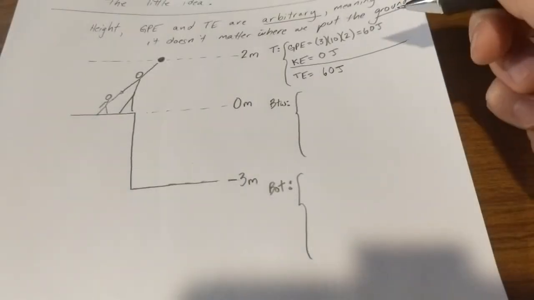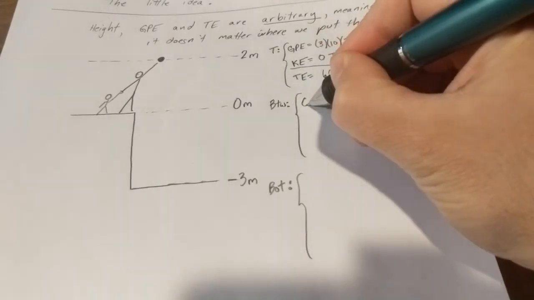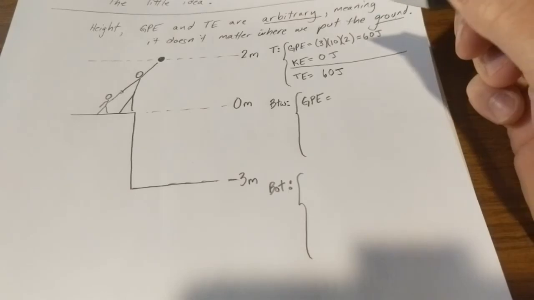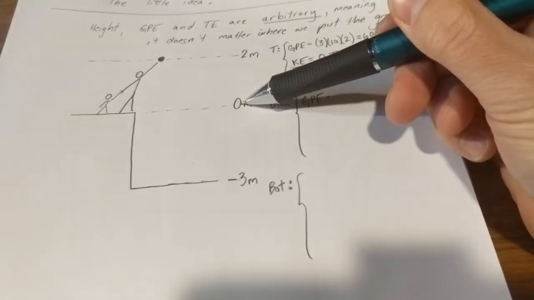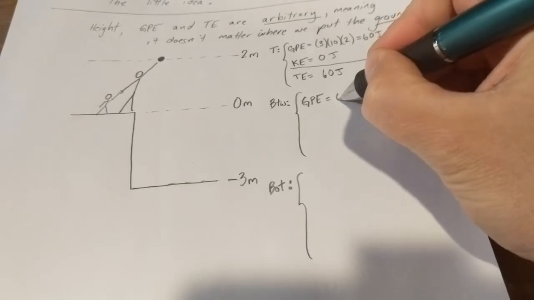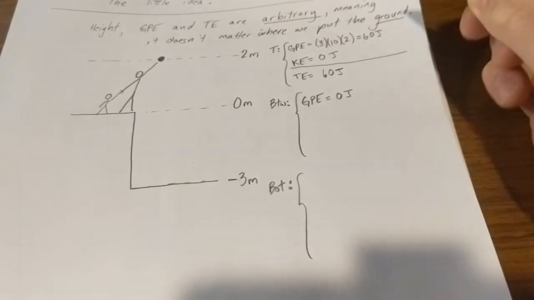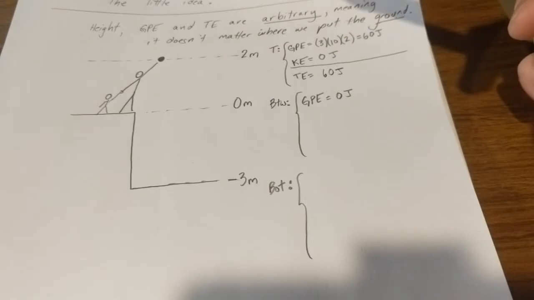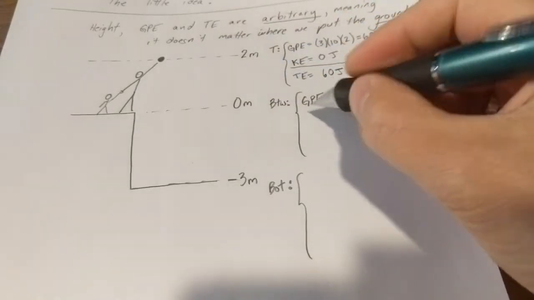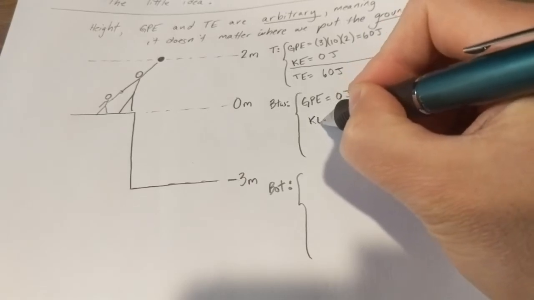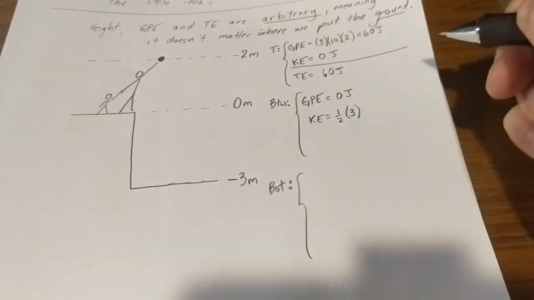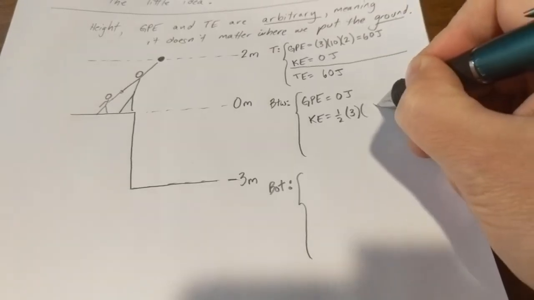At the location in between, we could now calculate its gravitational potential energy, and we'd pretty quickly see that since we've said that this is the 0 level for height, it has 0 joules of potential energy there, because its mass, 3, times gravity, 10, times its height, 0, gives 0 for the energy. Its kinetic energy would be 1/2 m, which is 3 kilograms, times v squared.